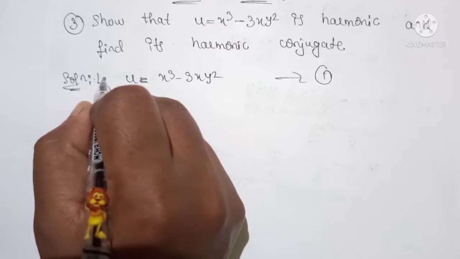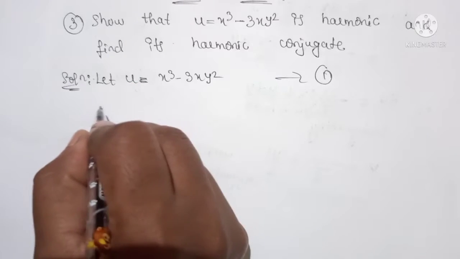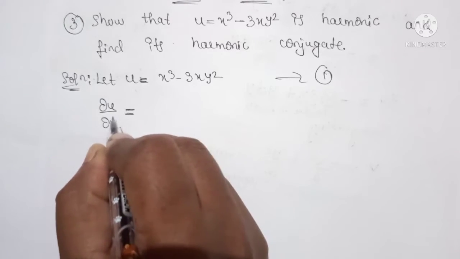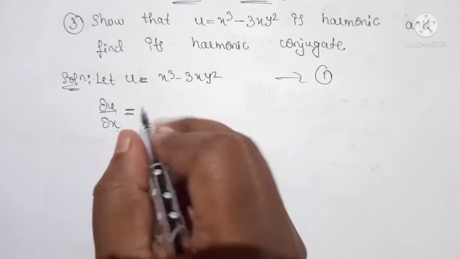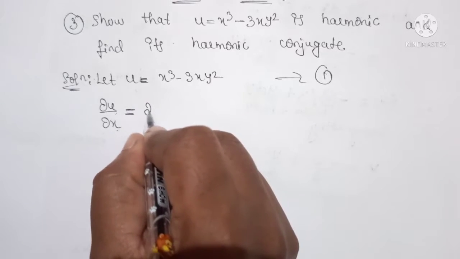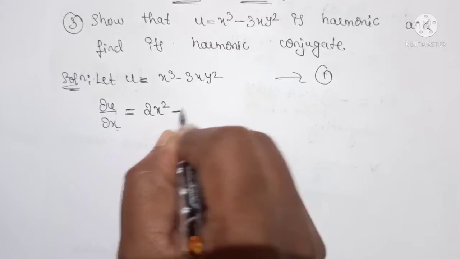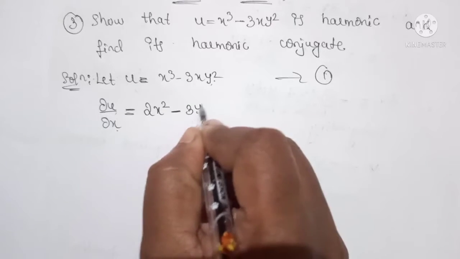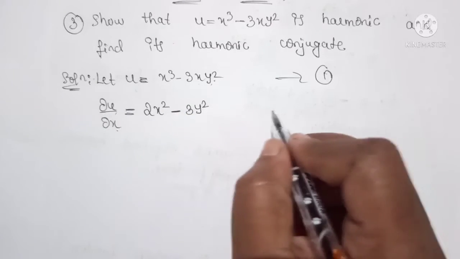Now differentiating this partially with respect to x and y, we get, partially with respect to x, x cube differentiation is 3x square, minus, here y square being constant, 3y square constant, x differentiation 1.